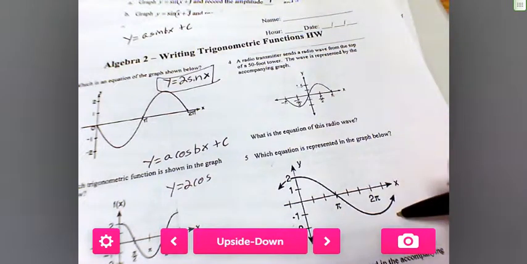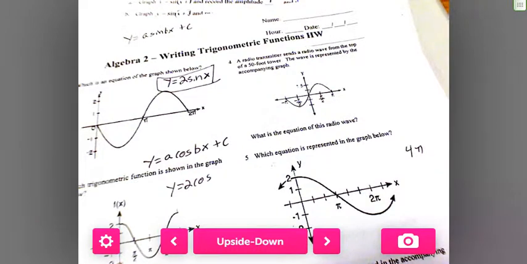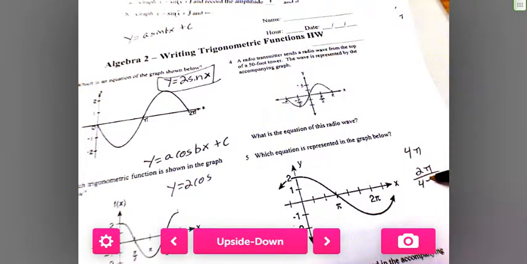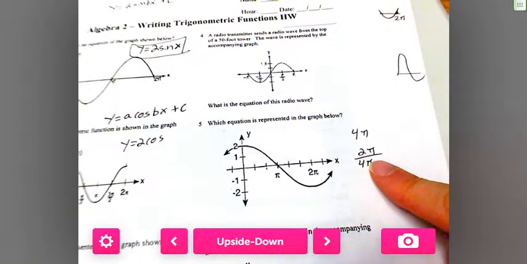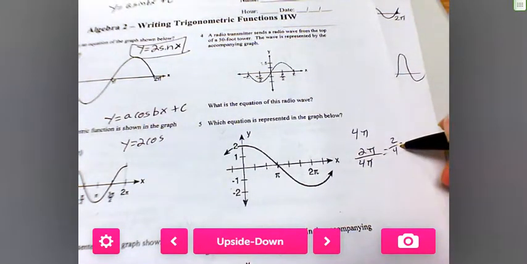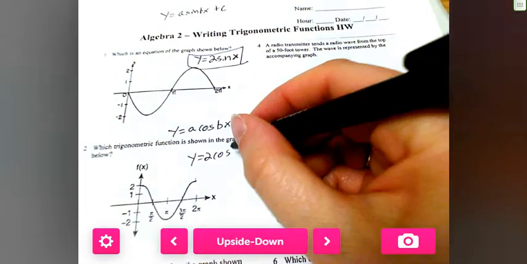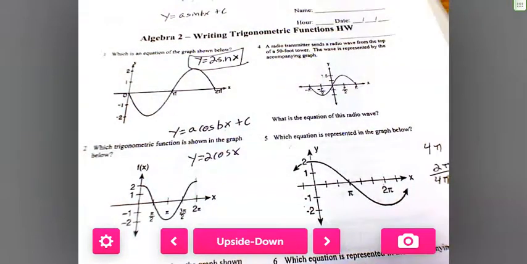This is going to go through 4 pi is when it starts repeating. Okay? So I got to go 2 pi divided by 4 pi. What do I get? What's 2 pi divided by 4 pi? 2 over 4, which reduces to 1/2. That's my b for number 5. Okay, there's one after 4 pi, right? It's 6 pi? Yep. And then 8, Yep.